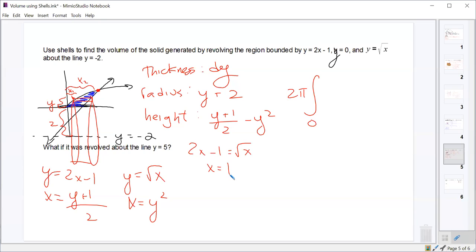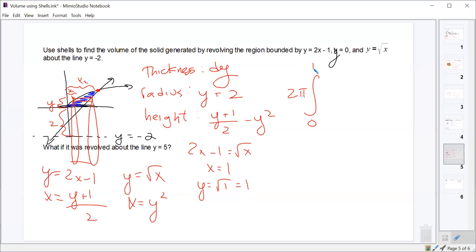Now, if I accidentally put that 1 up here, we got lucky this time because y equals the square root of 1, or 2 times 1 minus 1, happens to be 1 anyway. But if you solve for the x value where they intersect, and you need the y value, make sure you plug that x value into one of the original equations to figure out the y value.